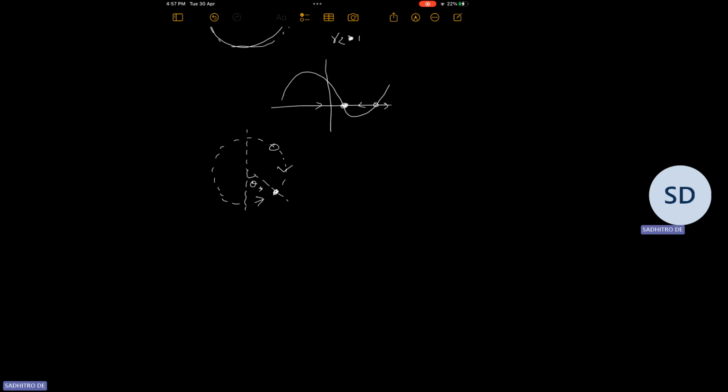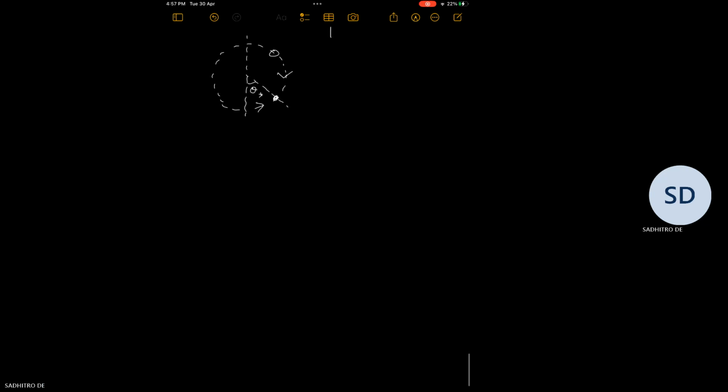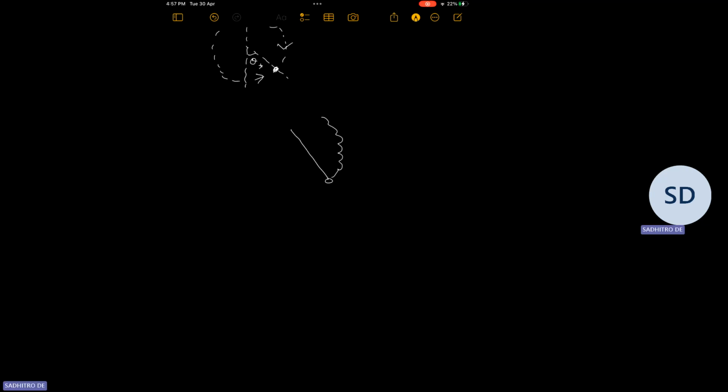So the problem is as follows. Now suppose the overdamped pendulum is connected to a torsional spring. Okay, what do I mean? A torsional spring. So you have the pendulum like this, and there is a spring like that.